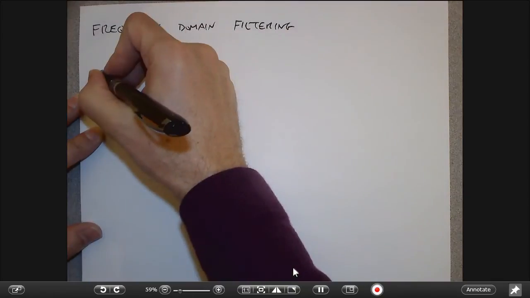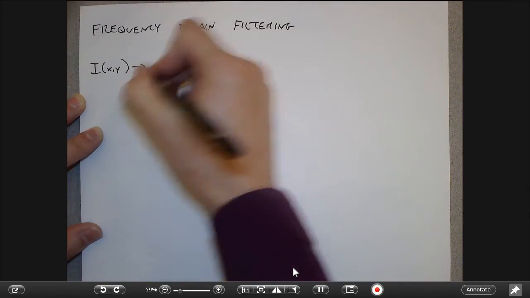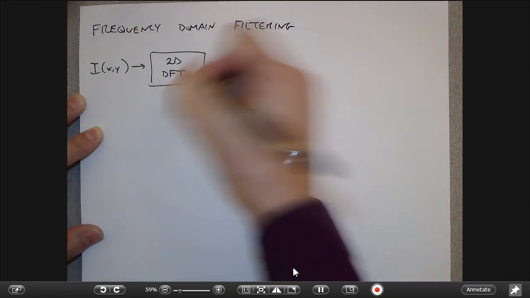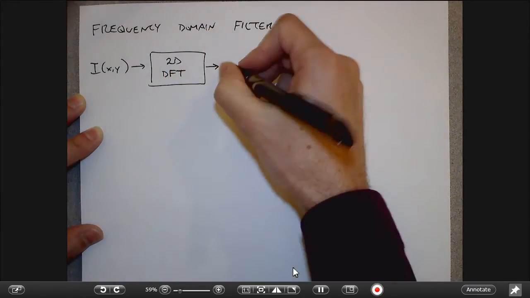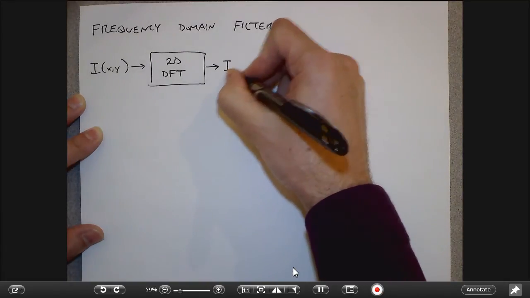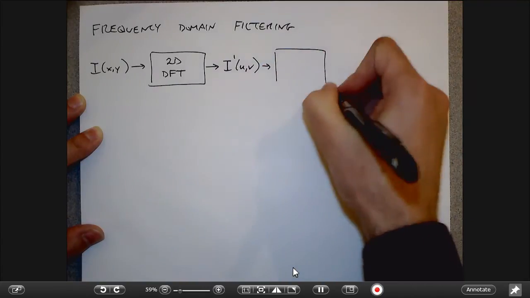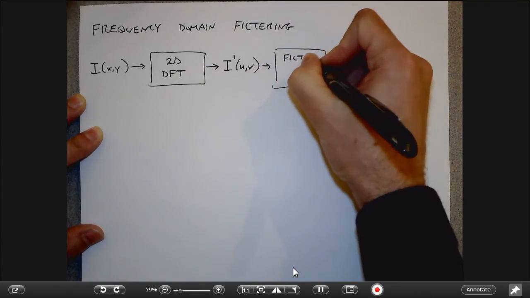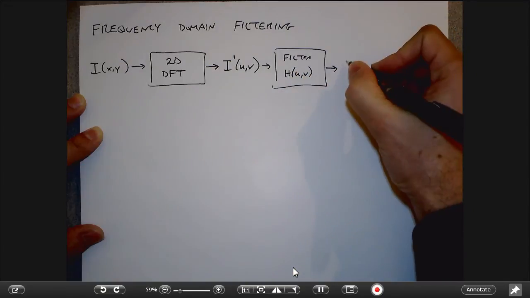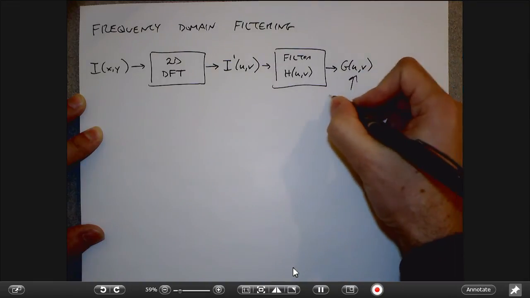just like in the one-dimensional world, what you'd say is, okay, I've got my image over here. I would, for example, do the 2D DFT, and that would give me some sort of frequency domain image. I guess I fell into the same trap I did last time. Let's call this I prime of UV. Then I would apply a filter in the frequency domain, H of UV. Then I would have some new image.